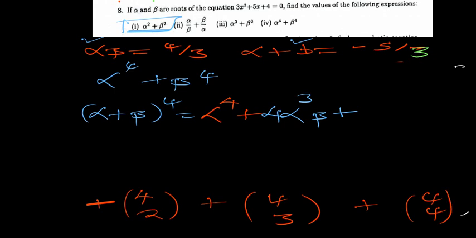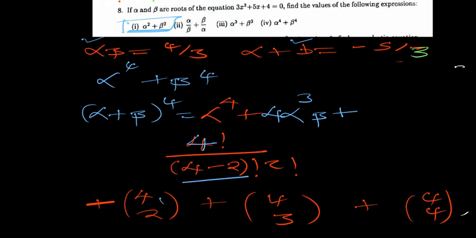So 4 choose 2 means, I'm trying to assume calculators are not allowed. So 4 factorial over 4 minus 2 factorial, 2 factorial. So whatever you have on top, which is the value of n, should be 4 factorial, and then subtracted 2, which is this part, factorial of the difference, and then of course 2 factorial. So 4 factorial will just remain to be 4 times 3 times 2 factorial.